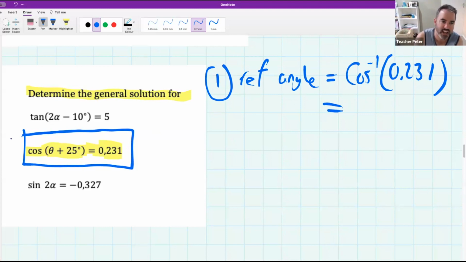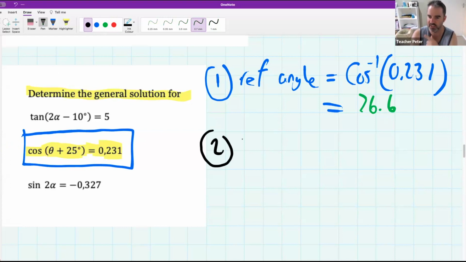I get what you were saying: you need to use inverse cos on both sides to get this thing out. What reference angle do you get? 76.64 degrees. 76.64. I'm going to round it off to 76.6. Fantastic. Thank you, Simtanda. That was great. I'm going to ask someone else to help me with the second step, but that is exactly the first step.